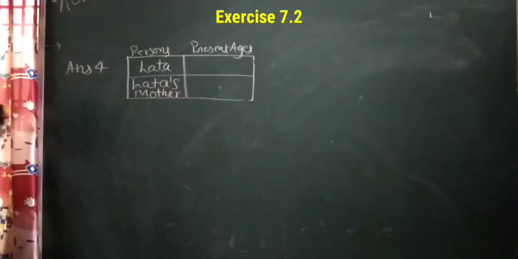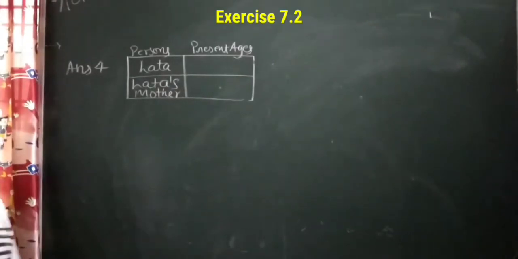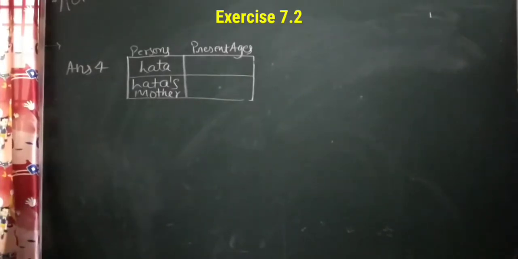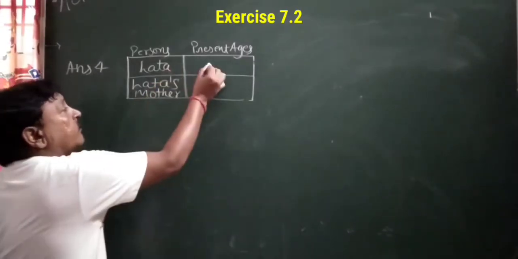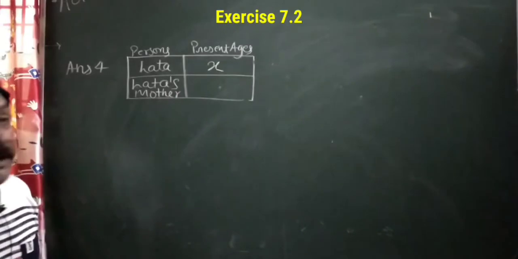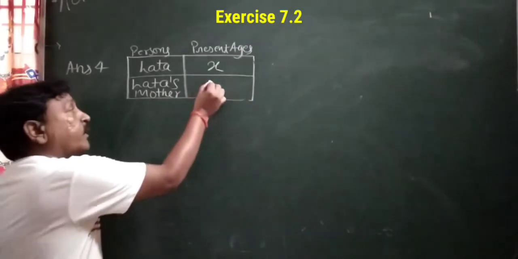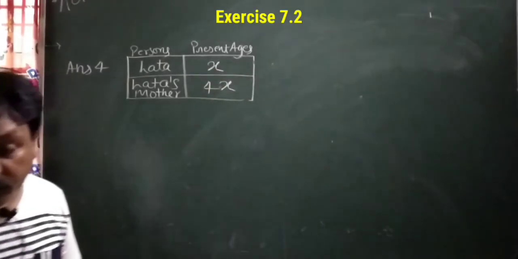Okay? So we have to write down their present ages according to the question. Question is saying Lata's mother is 4 times as old as Lata. But we don't know the age of Lata. So we will say the age of Lata is x years. It means her mother's age will be 4 times, so it will become 4x.